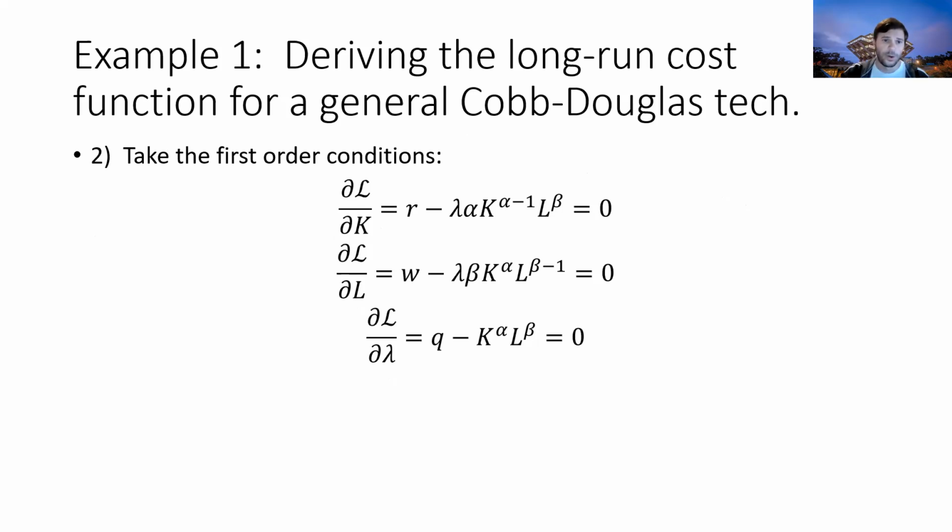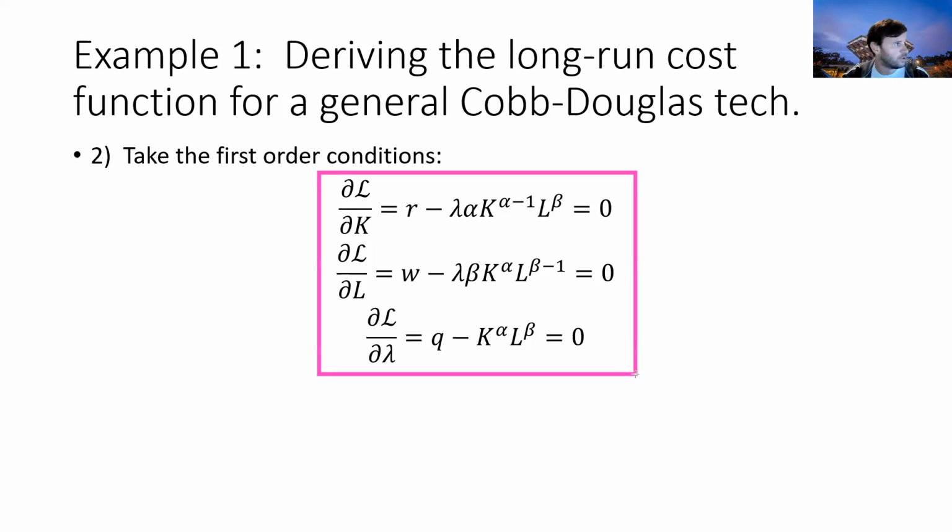Okay, so what we're going to have to do from this point, and once you get here, there are a number of different ways you could find the solution. But in order to get the solution, you're going to have to solve this 3x3 system in some way, shape, or form. I'm going to recommend a particular way to do that that'll be consistent with how we solve the problem graphically.